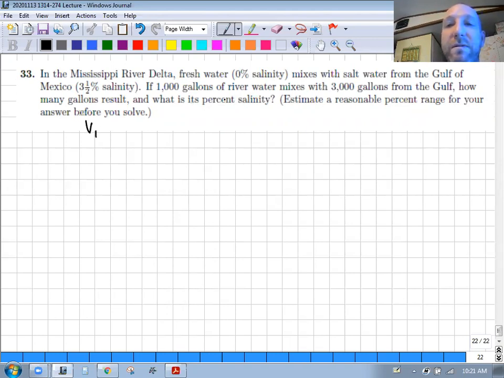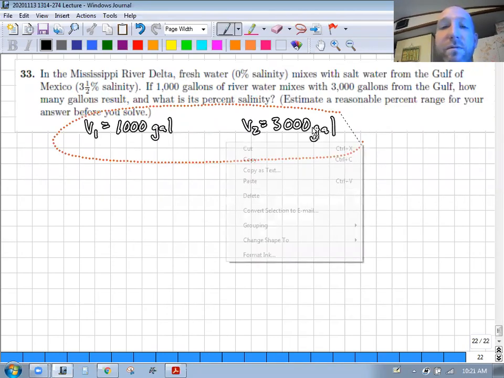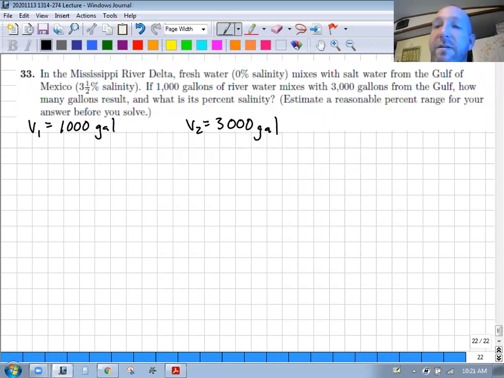Volume 1 will be our river water, 1,000 gallons. Volume 2 will be our salt water from the Gulf, 3,000 gallons. So volume 3, which is V1 plus V2, is going to be 4,000 gallons.